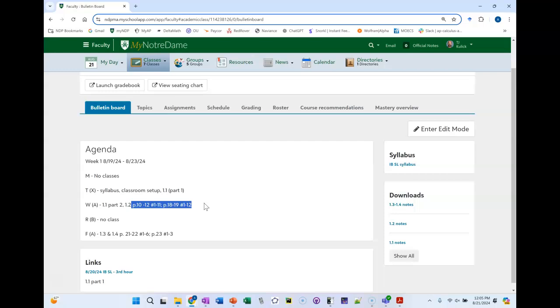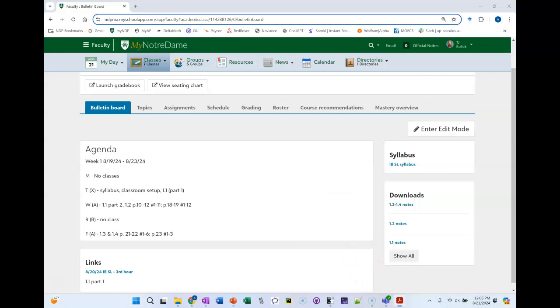That's also an assignment on My Notre Dame, although I named the assignment just like chapter 1, problem set 1, and then the description has the numbers on it because sometimes the name can't hold all the page numbers and everything if I try to name it that way, so it's not always convenient.